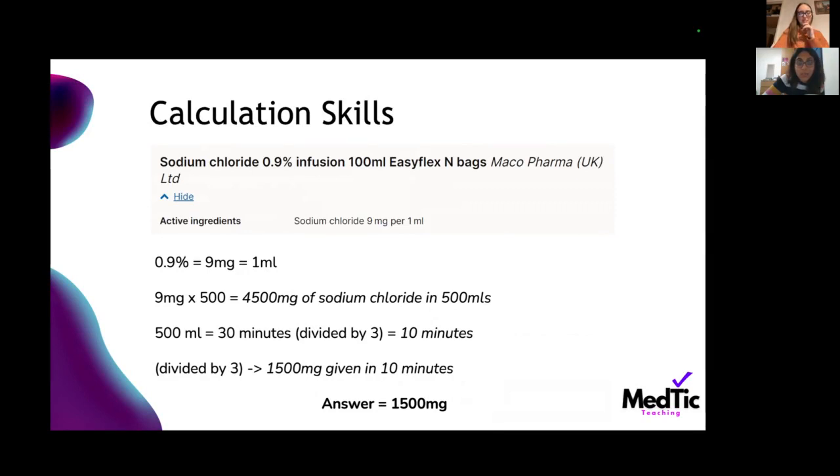So if we move on, actually before we move on, if any people can pop into the chat their answer for the adverse drug reaction question. So this was the question about what drug was most likely to interact with simvastatin to cause the patient's symptoms.